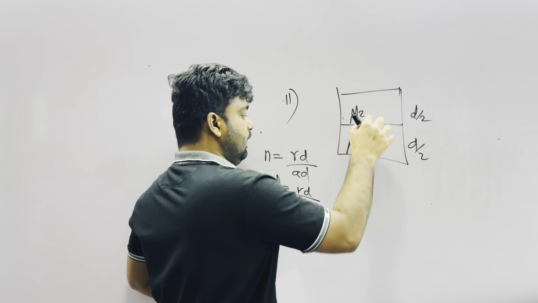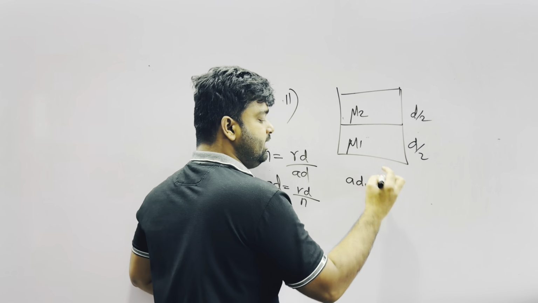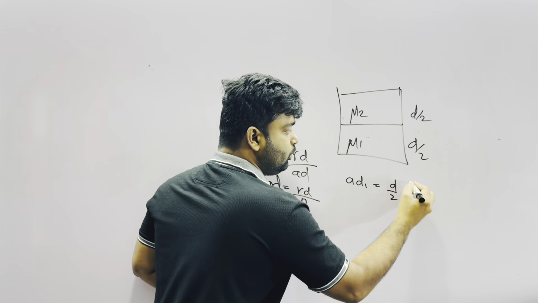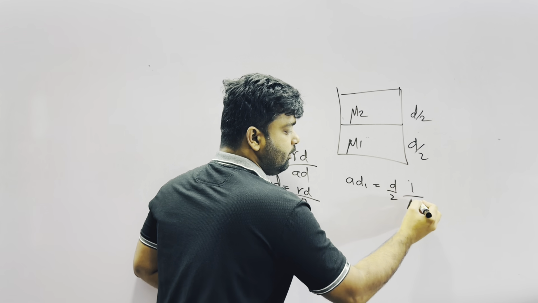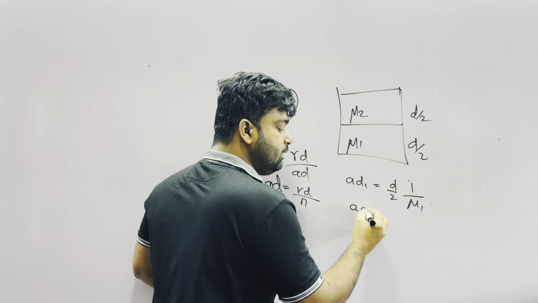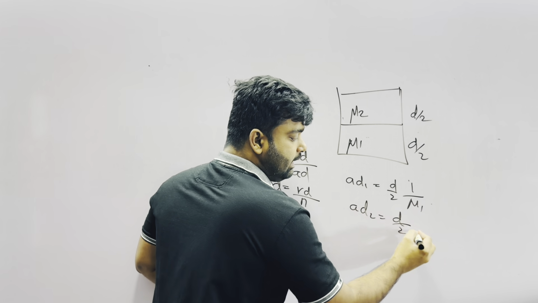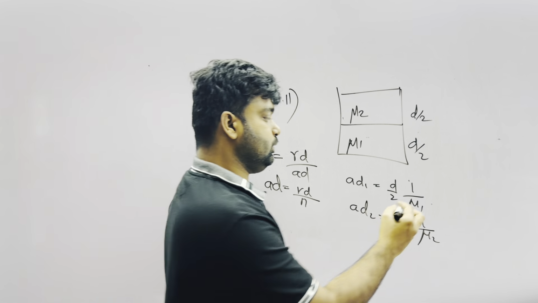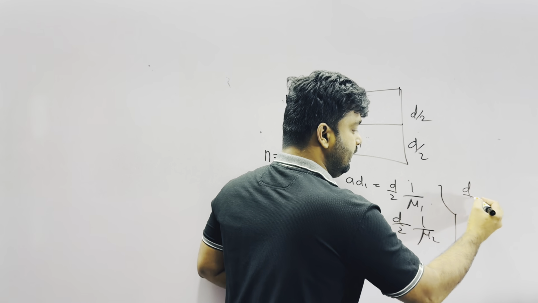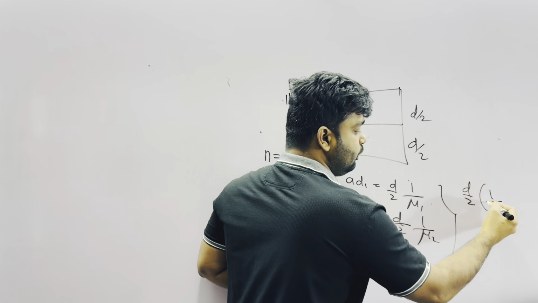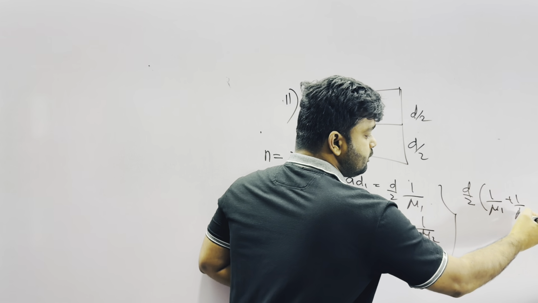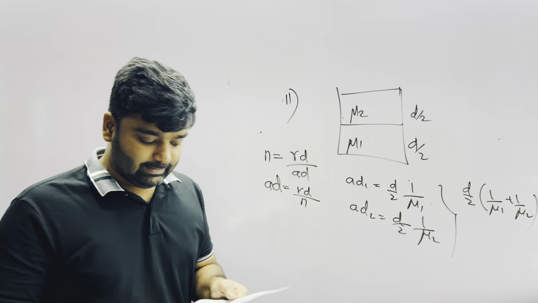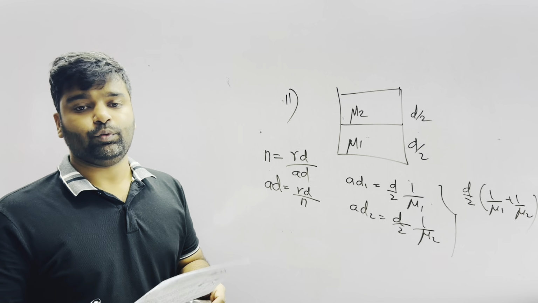Apparent depth 1 is d by 2 over mu1. Apparent depth 2 is d by 2 over mu2. The total apparent depth, if you add both of them, is d by 2 into 1 over mu1 plus 1 over mu2. Answer is the fourth one.